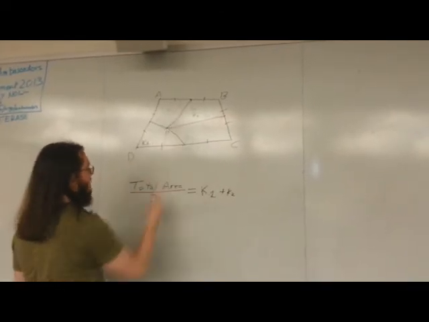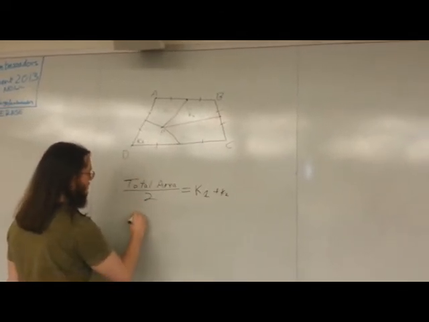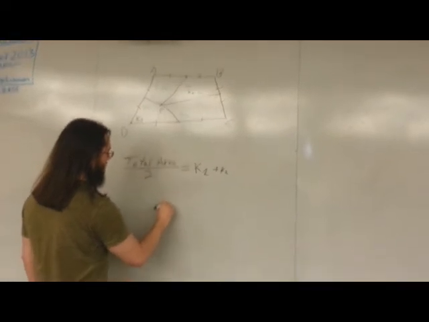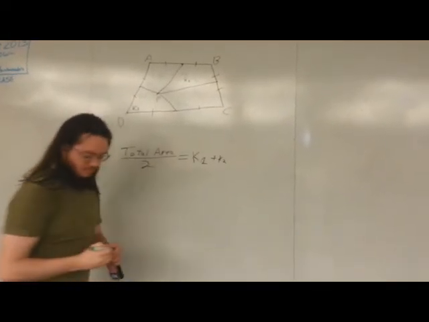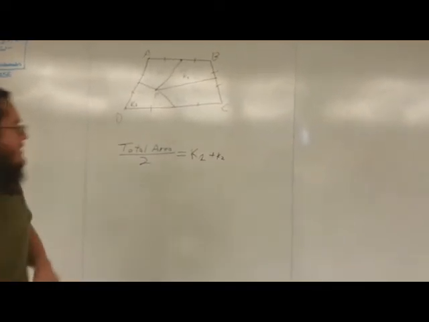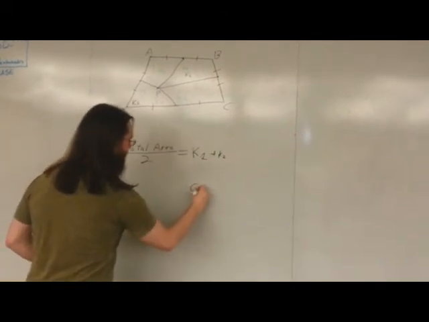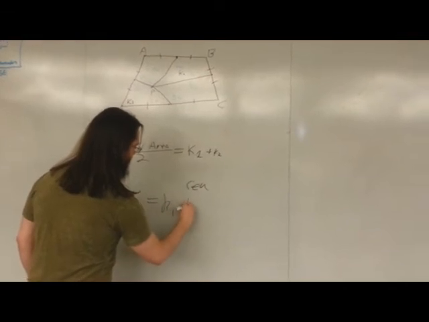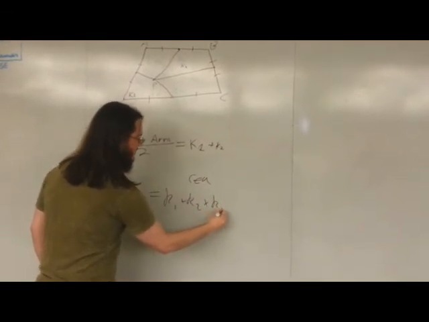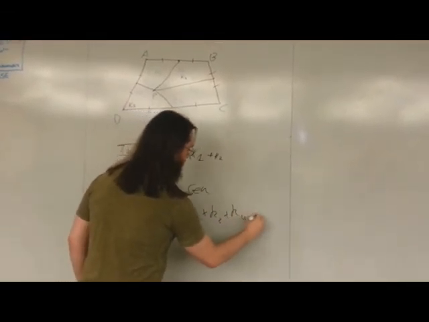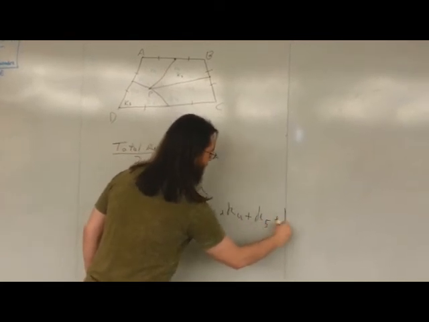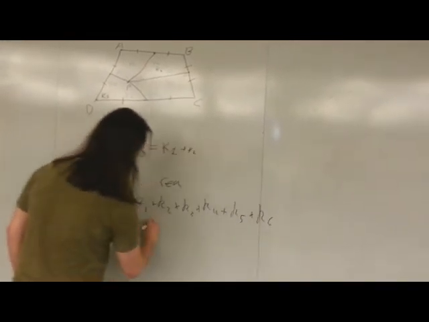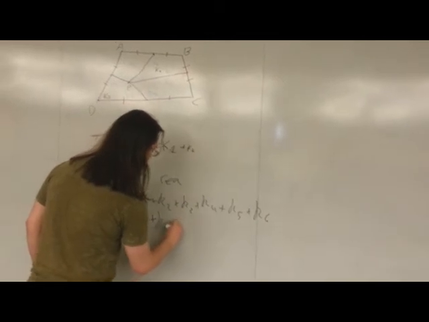Which means the total area is equal to K1 plus K2 plus K3, 4, 5, 6, 7, and 8.